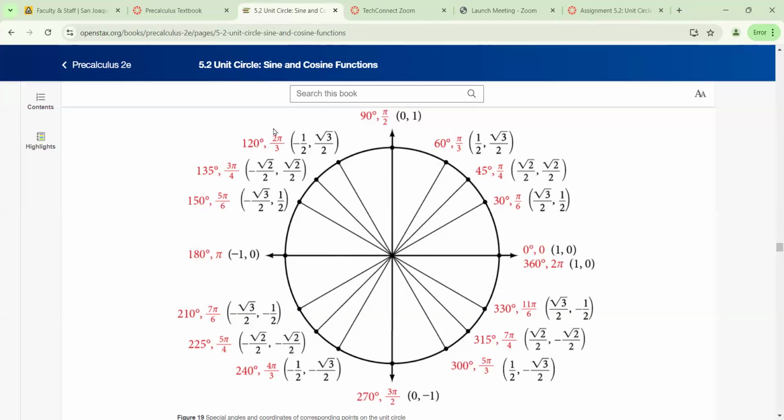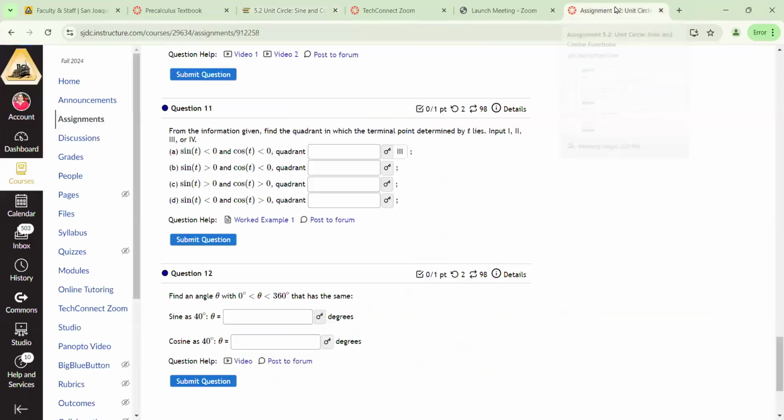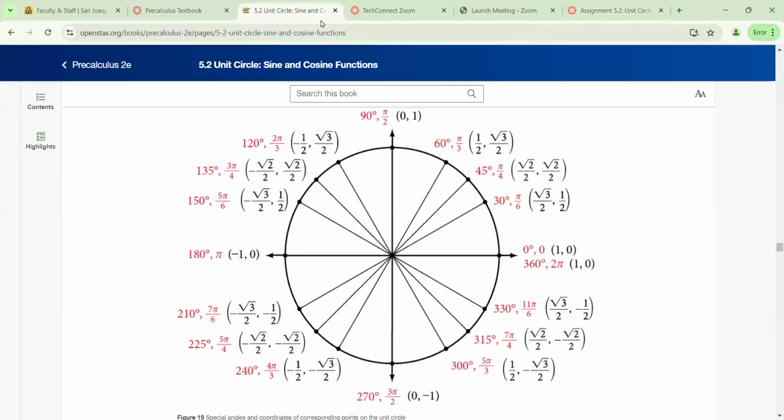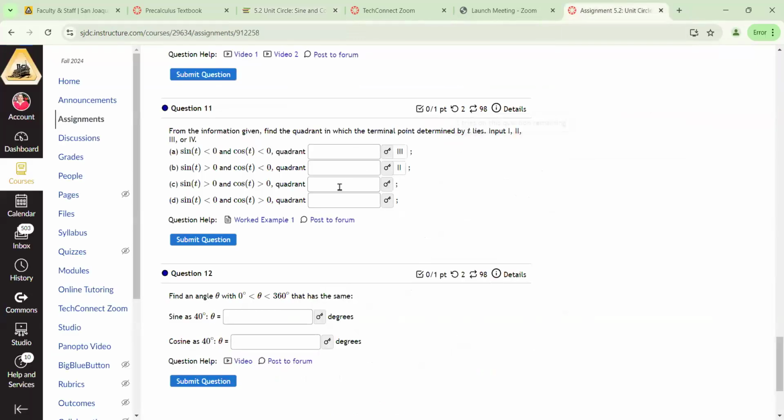So that's going to happen in this quadrant, and that is your quadrant number 2. Then sine positive, cosine positive. They both are positive in the first quadrant. X is positive, y is positive. So both the values are positive. So that is in quadrant 1.